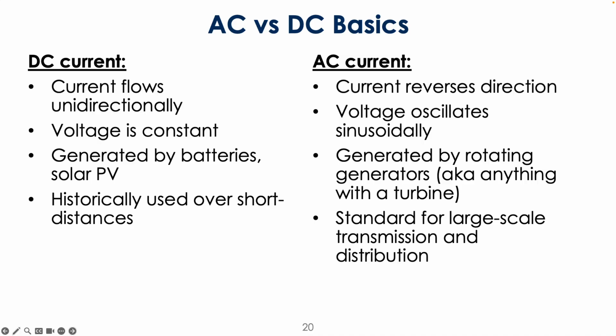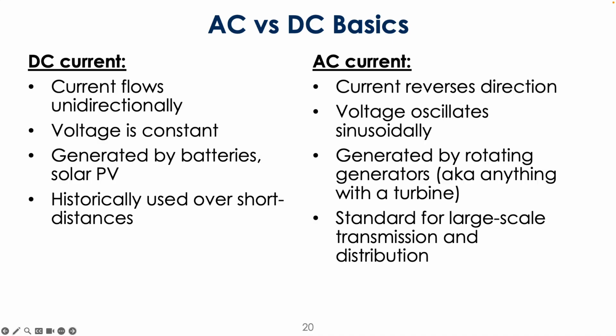With DC current, you're flowing unidirectionally and voltage is constant. This is the type of electricity produced from batteries and solar, and historically used over short distances, whereas AC reverses direction, oscillating sinusoidally, as we've seen a couple times now. Anything where you're spinning a generator is producing AC, and that is the standard for large-scale transmission and distribution.